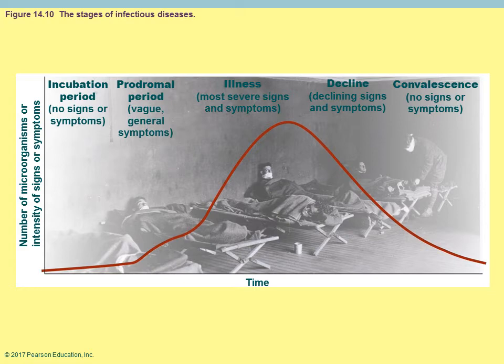The prodromal period, this is where you're starting to go, maybe I feel a little achy, I'm not feeling 100%, maybe I have a headache, and you don't really necessarily know yet that maybe this is some serious infectious disease that I have. You may feel just kind of, I feel a little tired. I've been studying a lot for my classes. I'm not getting enough sleep. But you're not showing severe signs or symptoms.